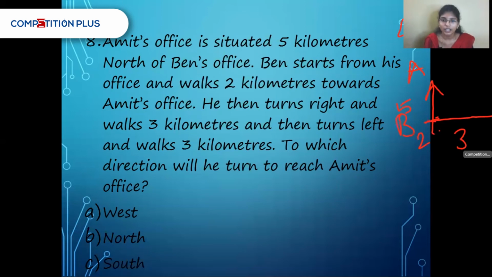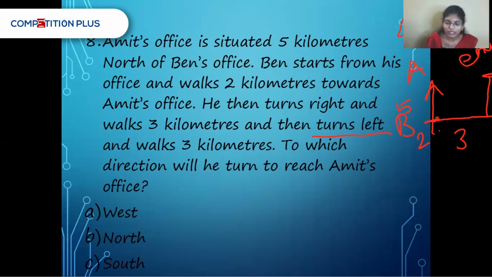And then he turns left and walks 3 kilometers. I skipped these words earlier. He's now making a left turn and moving 3 kilometers. So this is the point where he is ending his journey now. To which direction will he turn to reach Amit's office?